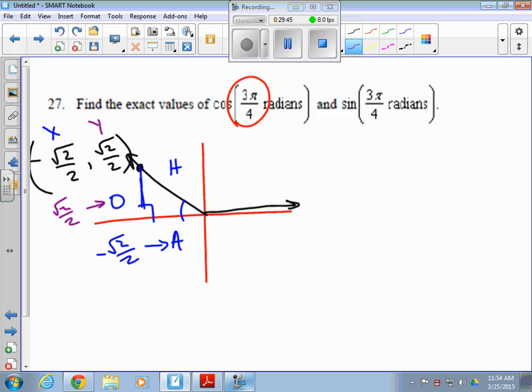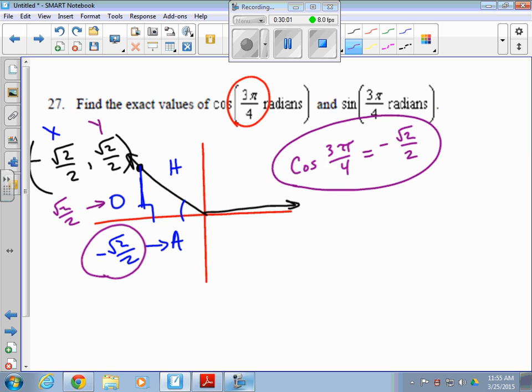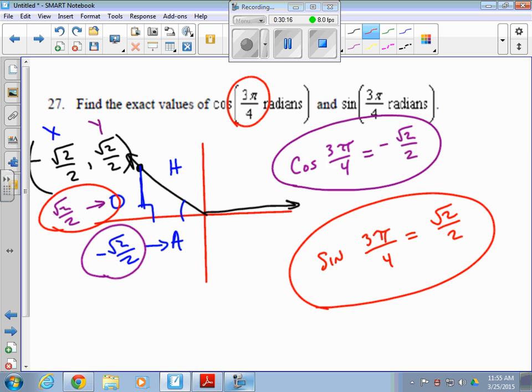So your cosine of 3 pi over 4 equals the adjacent over the hypotenuse. Here's your adjacent, negative square root of 2 over 2. Your sine is the opposite. Sine of 3 pi over 4, you're still using the same one, equals the opposite one, the square root of 2 over 2. Notice how similar those answers are. One's positive and the other negative.